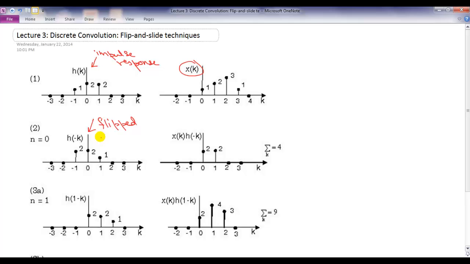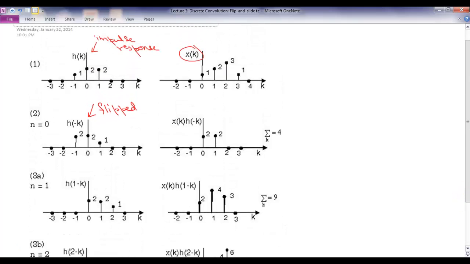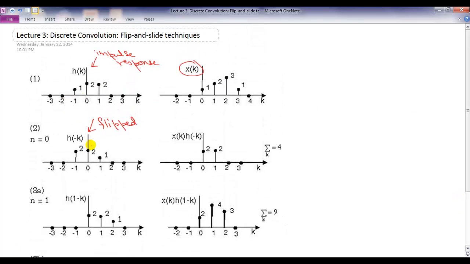Then for each output, if we want to compute the output at, let's say, n equal to 0, we slide it by 0, which means we don't slide it. We multiply this thing and this flipped version.